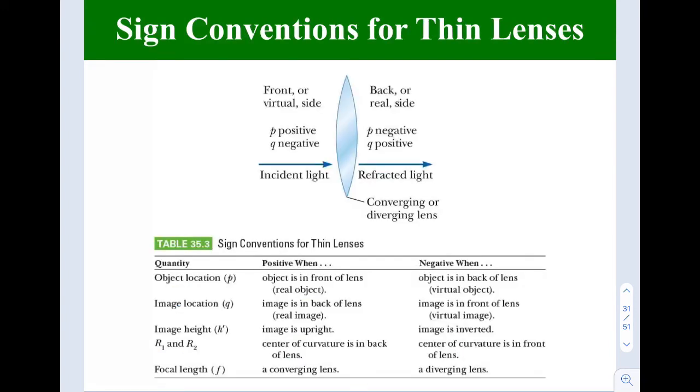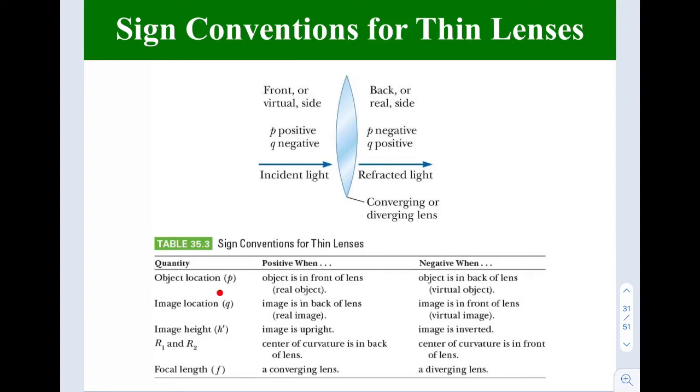So, the sign convention for a thin lens. This is the front side, or virtual side, and this is the back or real side, because it is based on the concept of refraction. Incident light moves from the front, passes through the thin lens, is refracted, emerges to the back side and is focused at one point to form an image.